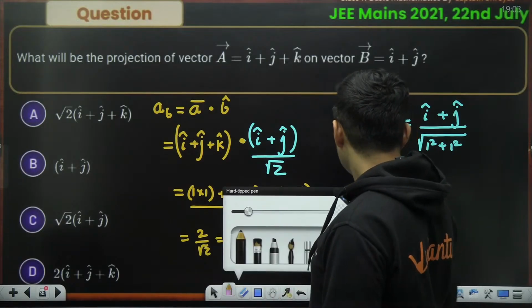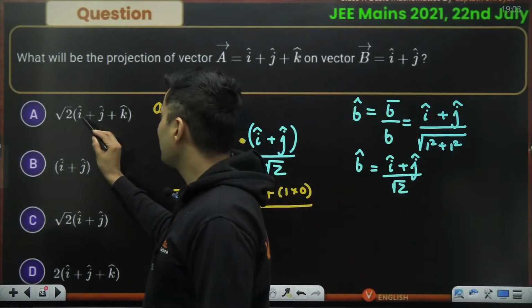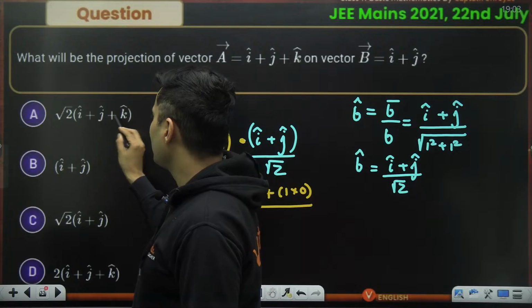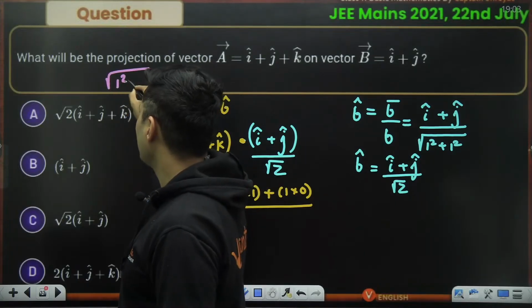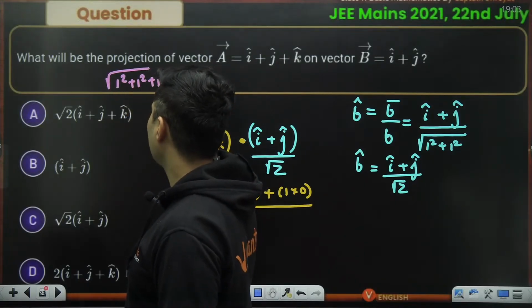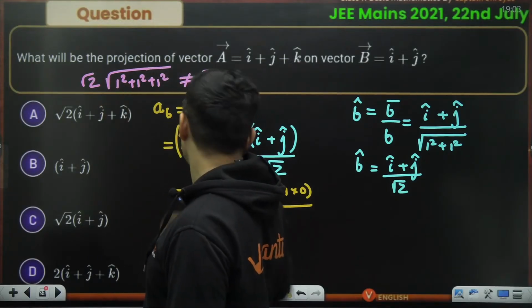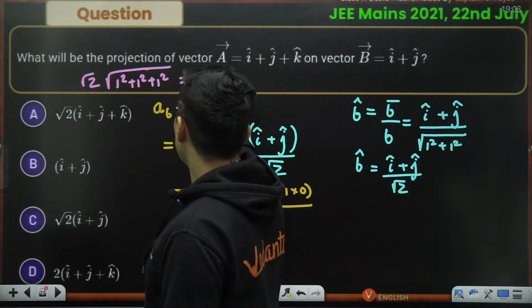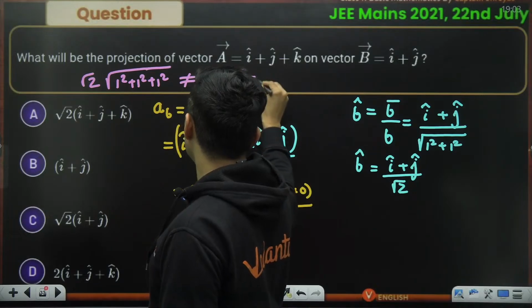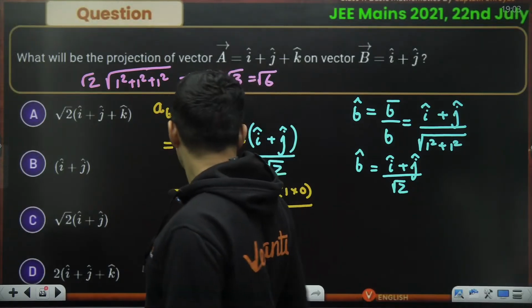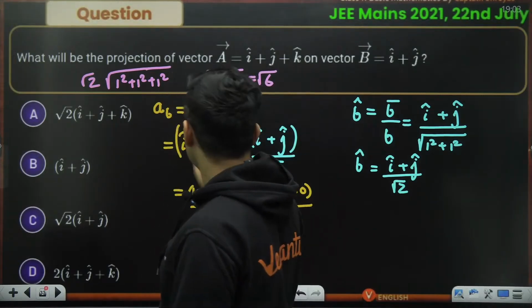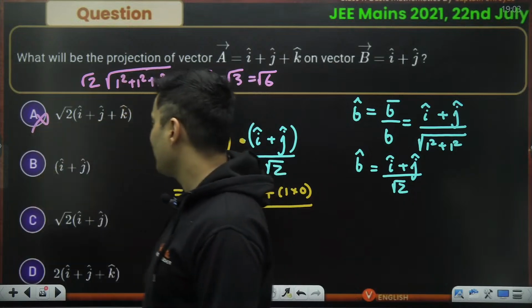If you see the first vector, 100% it is like 1 square plus 1 square plus 1 square, 1 square plus 1 square plus 1 square multiplied by root 2. 100% is not root 2. In fact, it will be nothing but root 2 multiplied by root 3, which is root 6. So definitely magnitude wise it is not root 2. So A option gets eliminated.